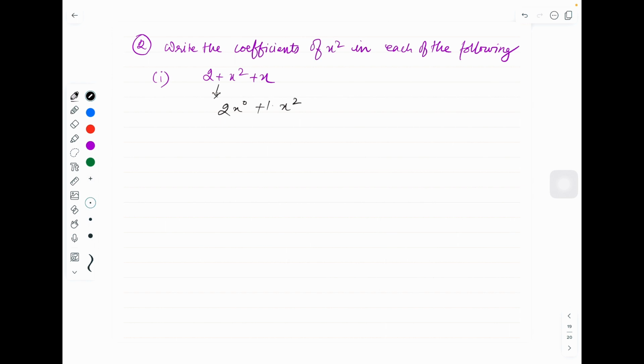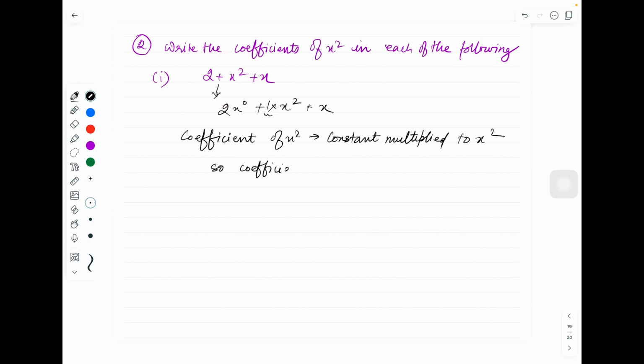Here x square is 1 into x square, plus x. So whatever constant is multiplied to x square is the coefficient of x square. So the constant multiplied is 1. So coefficient of x square equals 1. See, this thing I will not write in every question now.